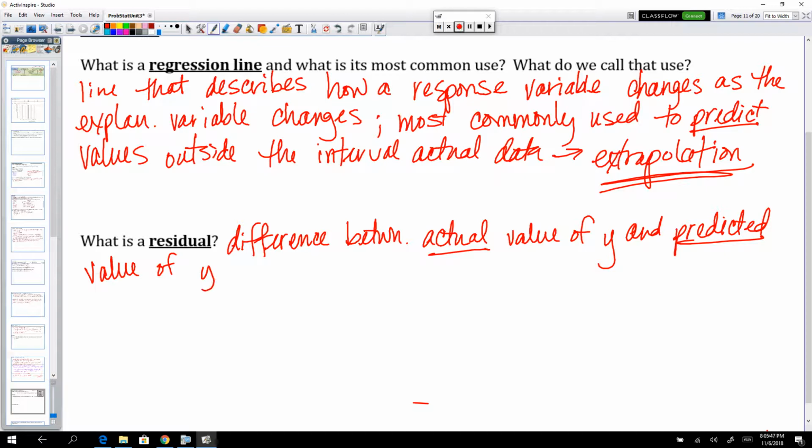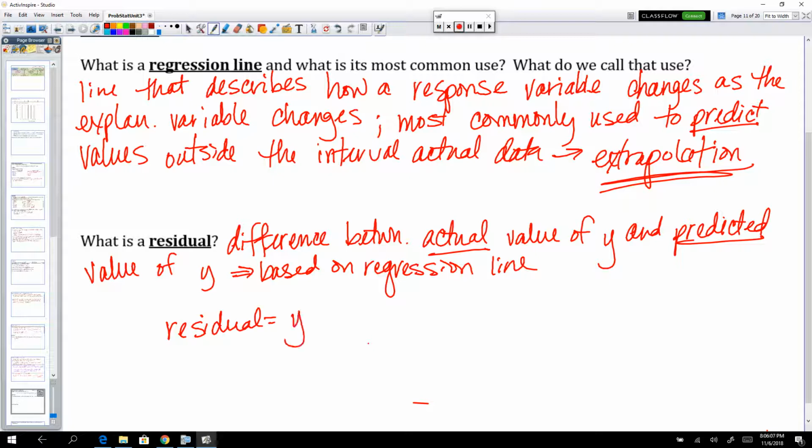This is always, of course, based on the regression line. The regression line helps us predict. So if you want a little formula to remember, if you were asked to calculate a residual, you would take actual value of y minus predicted.